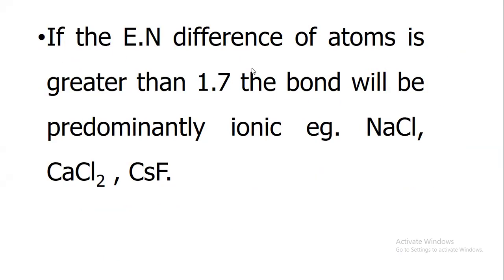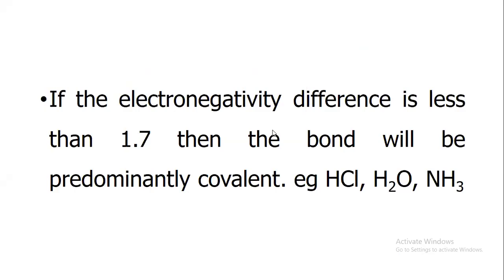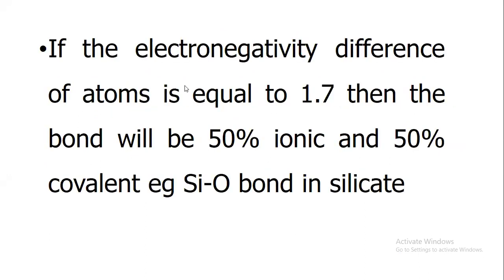If the electronegativity difference of atoms is greater than 1.7, the bond will be predominantly ionic. If the electronegativity difference is less than 1.7, predominantly covalent. If the electronegativity difference of atoms is equal to 1.7, then 50% ionic and 50% covalent.